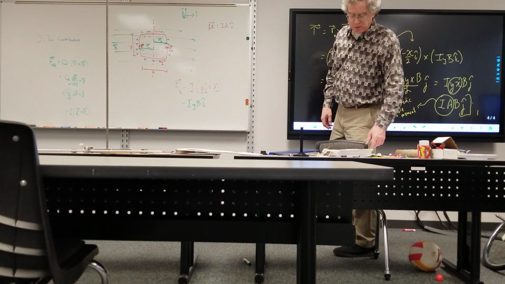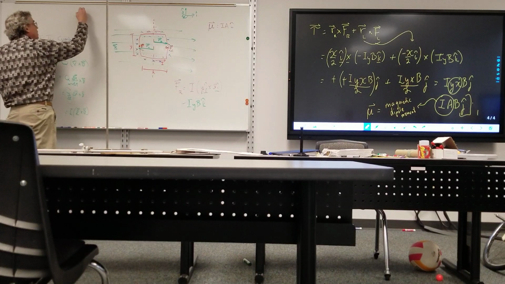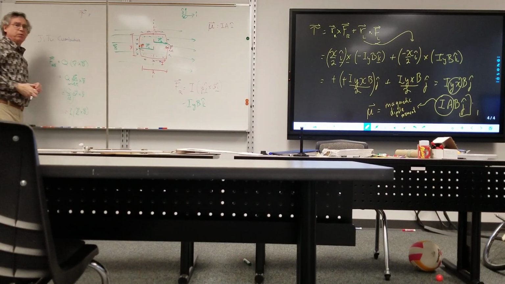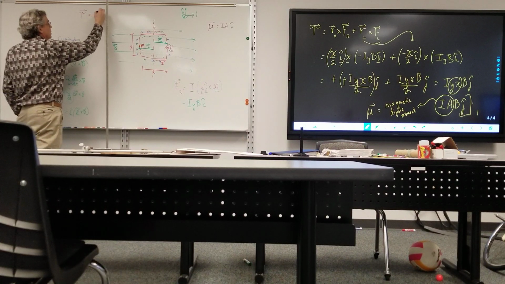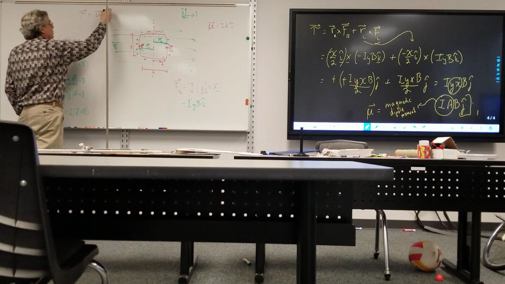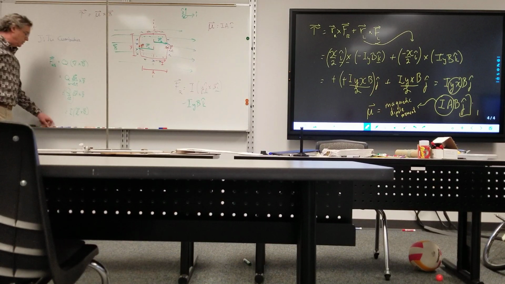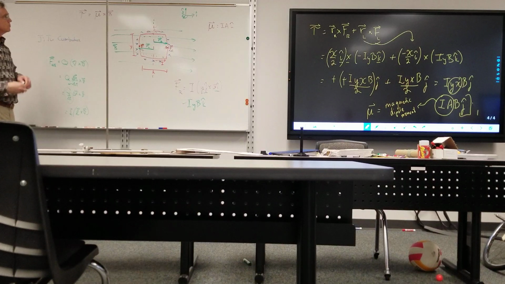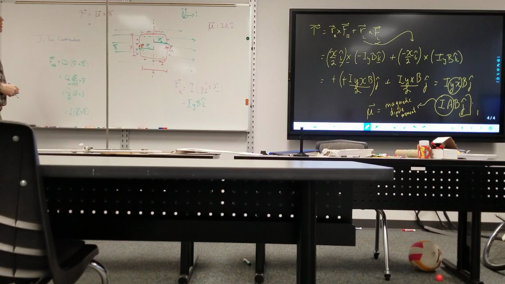So we can generalize it one step further, and that the torque on a loop of current carrying wire is going to be mu cross B. And just double check it.